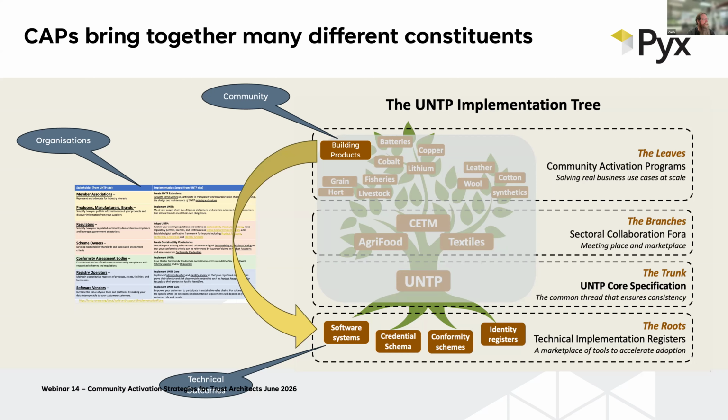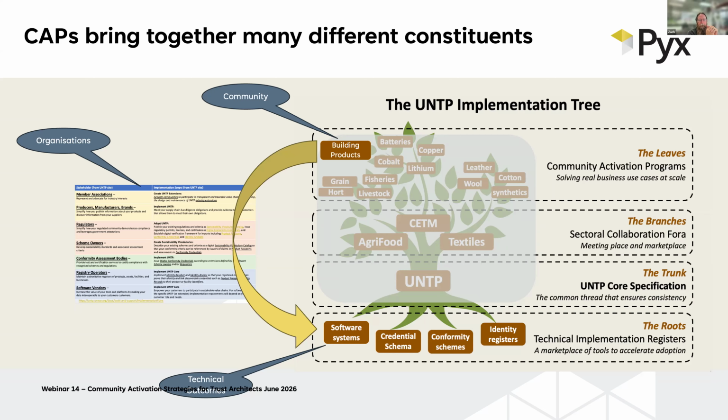And the organizations, I'll go into on the next slide. We have a more detailed definition of that. But basically, the community activation program brings together the community of ecosystem actors with the businesses that have different roles to build some technical implementations that are UNTP compliant.